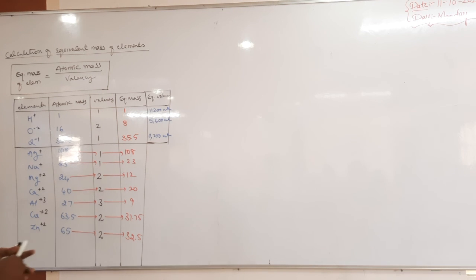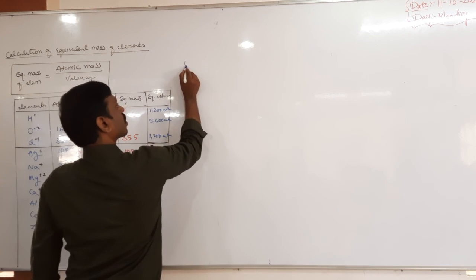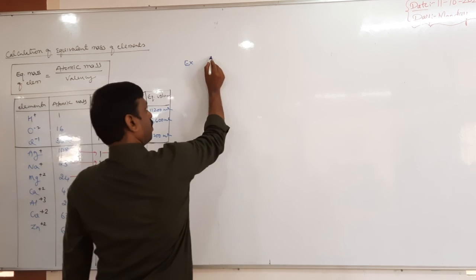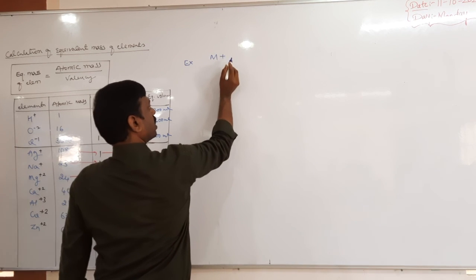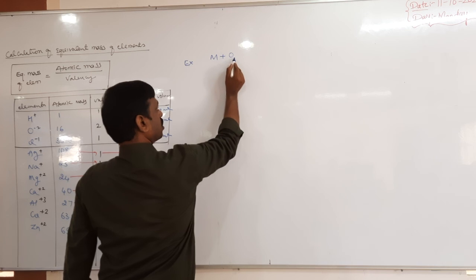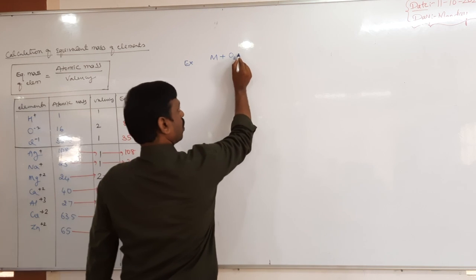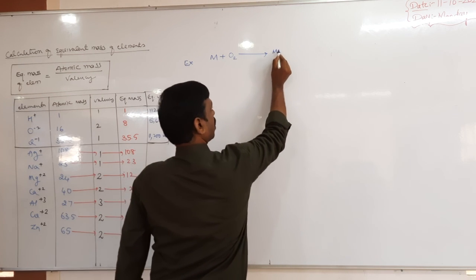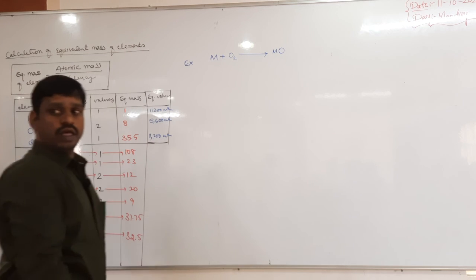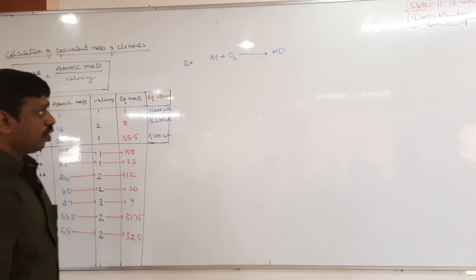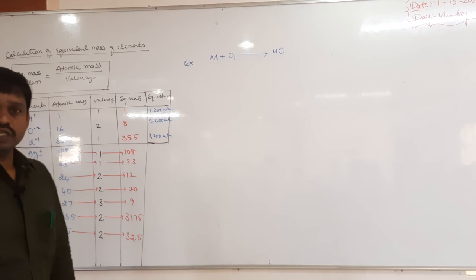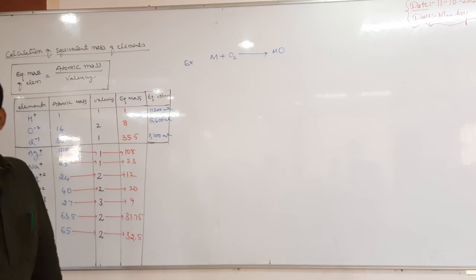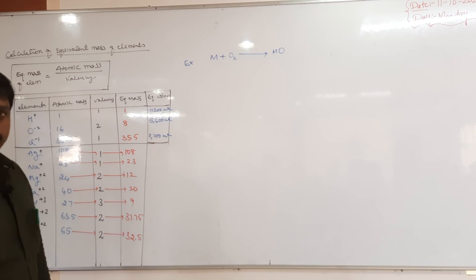Okay, one example. A metal M combines with oxygen O2 and forms MO, a metal oxide.